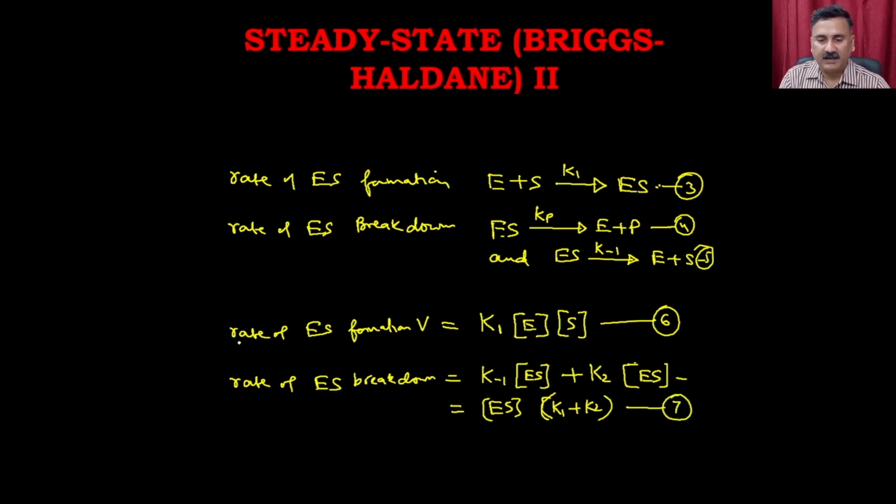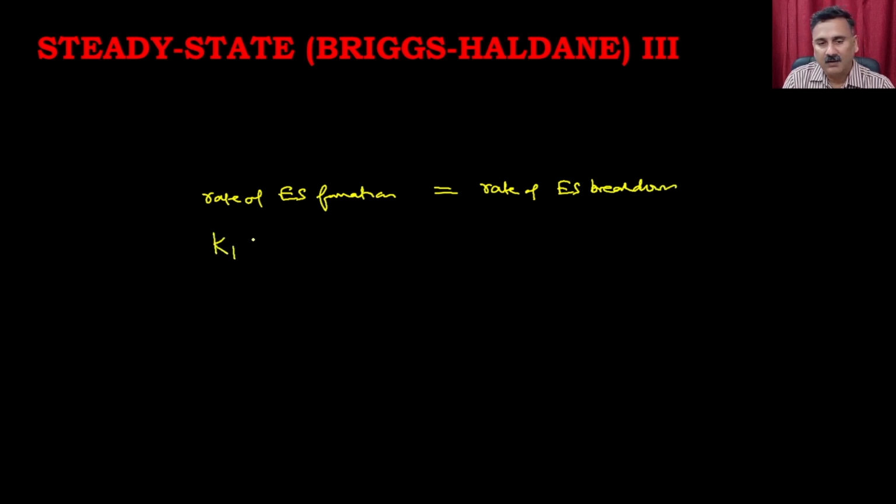Okay. So we know the rate of ES formation and the rate of ES breakdown. Now you can just make them equal to each other, right? So at a steady state, the rate of ES formation is equivalent to the rate of ES breakdown, right? So just right here, K1 E S is equal to K minus 1 plus Kp times the concentration of ES, right?